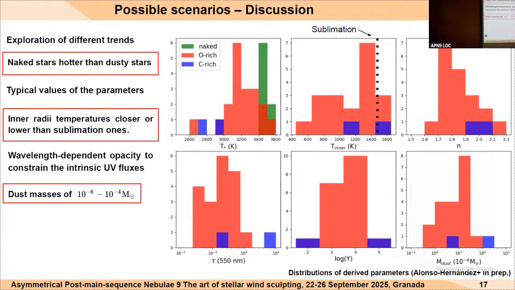The temperatures at the inner radius are consistent with the sublimation temperatures of the dust. Some of them have even significantly lower temperatures, which is interesting. And the rest of the parameters are compared with a larger sample of AGB stars.